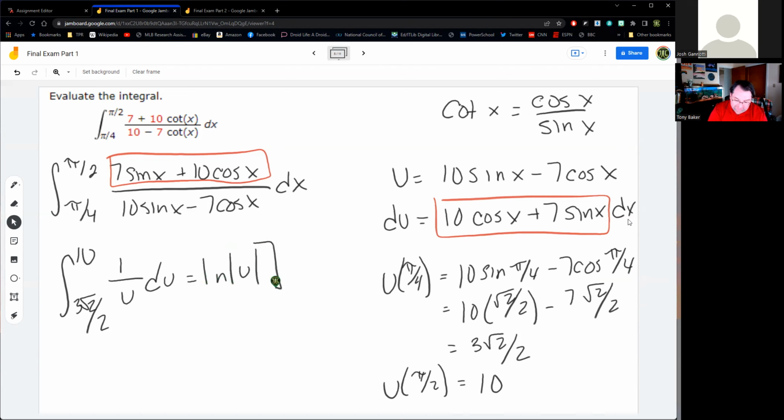And we're evaluating it from 3 square root of 2 over 2 to 10. So I get ln of 10 minus ln of 3 square root of 2 over 2. And you can leave the answer like that.